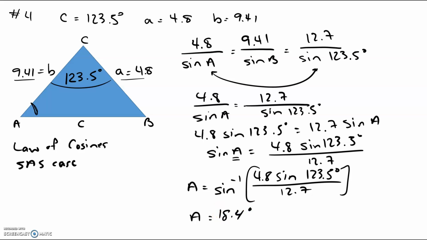When you plug and chug this into your calculator, you'll get 18.4. Okay, so now the last thing to do is to find angle B, which I already got C, just found A to be 18.4. All I need to do is A plus B plus C is equal to 180.